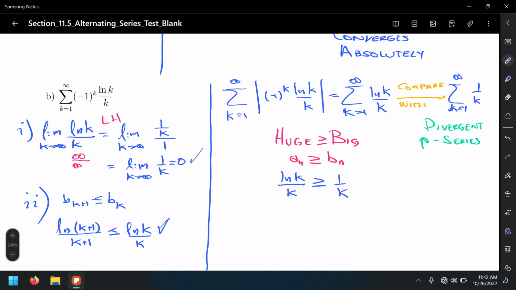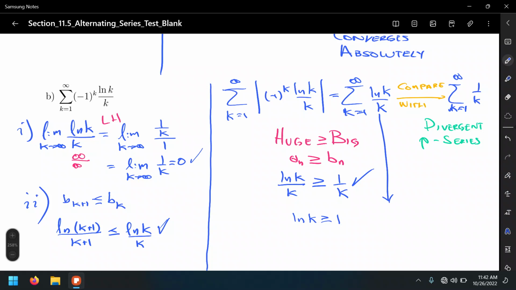Well, yes. I think this is pretty straightforward to see because, well, you can cancel the k's if you want. You will be left with ln of k. And, well, for large values of k, ln of infinity is basically infinity, and infinity will always be greater than 1 because the right-hand side will always remain 1. That doesn't change. So this inequality is true.